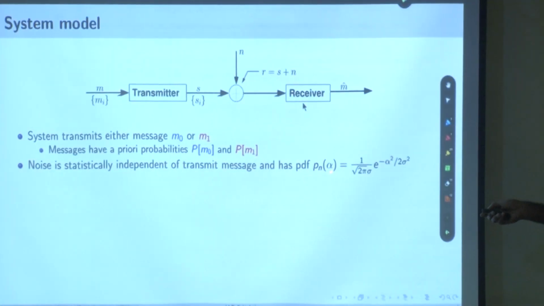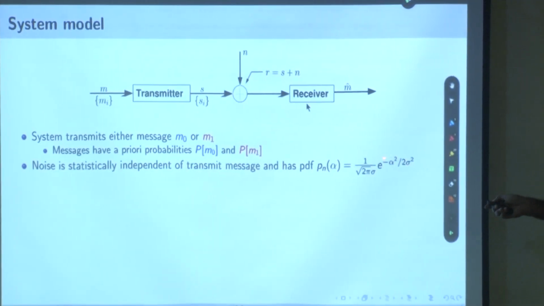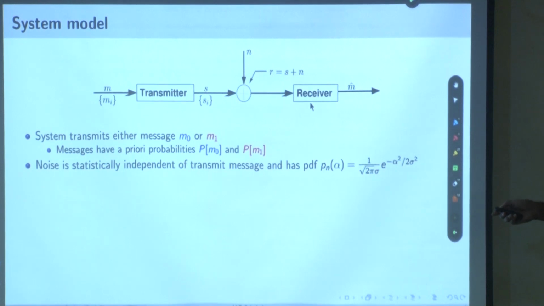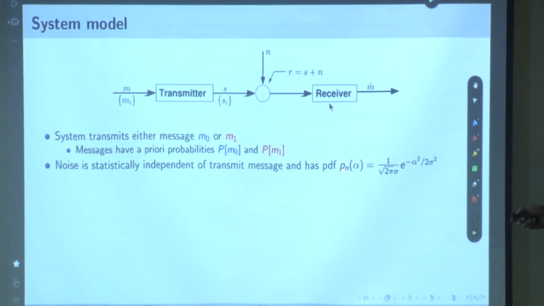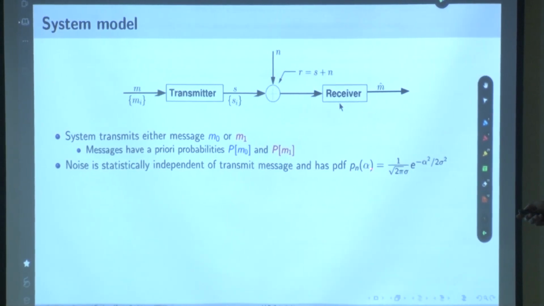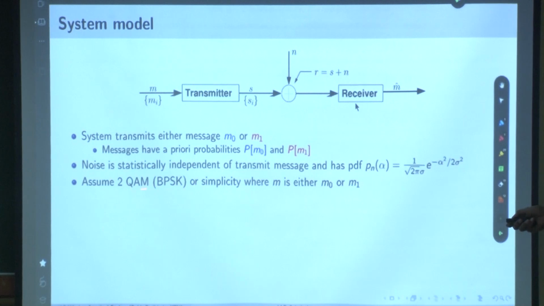What will its PDF be? This is the PDF. What is this PDF telling us? What is the power, or the variance, of this Gaussian? It is sigma squared, and the mean is 0. So this is the PDF of the noise, and it is Gaussian. So this is BPSK, where M is either M0 or M1.